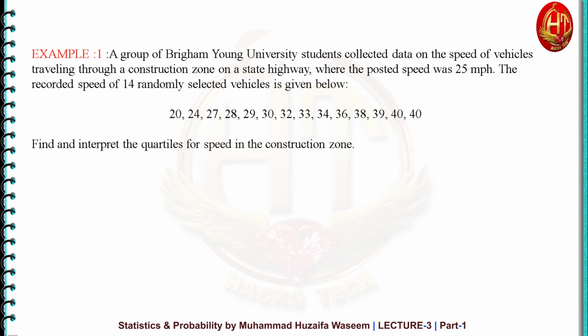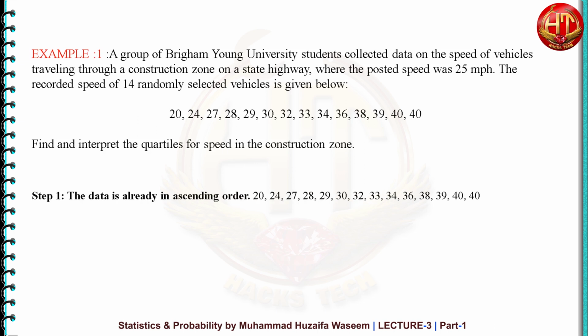So how can you calculate the first, second and third quartile? First you have to arrange the data in ascending order. The data is already in ascending order. So your second step is to calculate the median or second quartile for the given data.